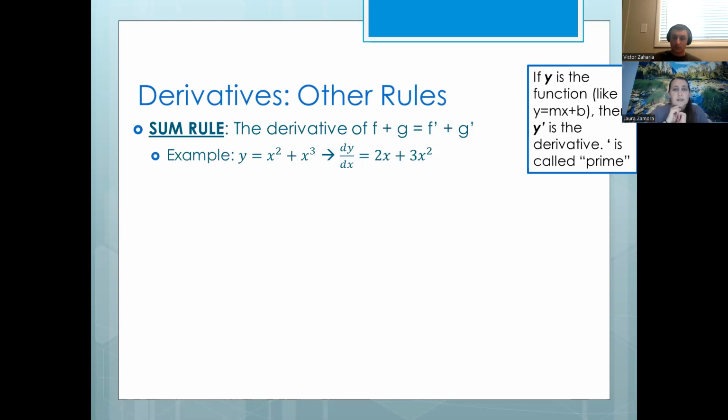So we get 2x. Same thing for x cubed. Apply the power rule: you multiply the coefficient by the exponent 3, subtract 1 from the exponent to get 2. And so that portion of the final answer is 3x squared.